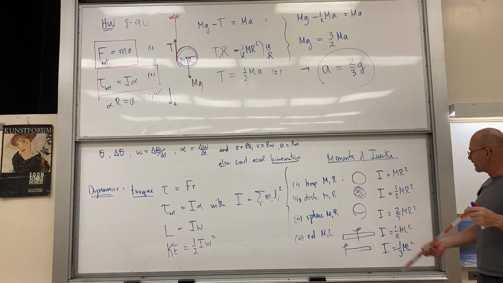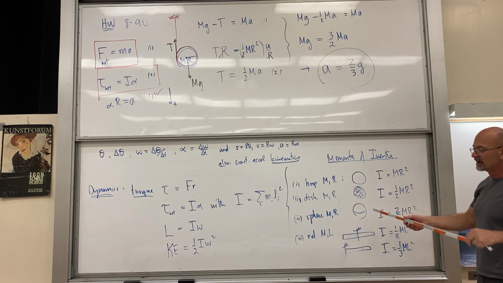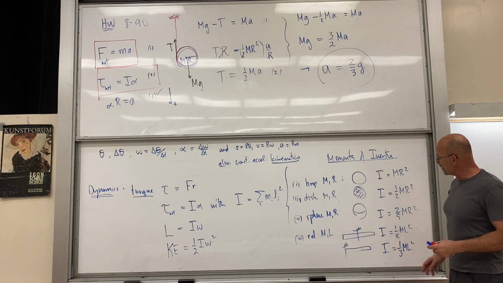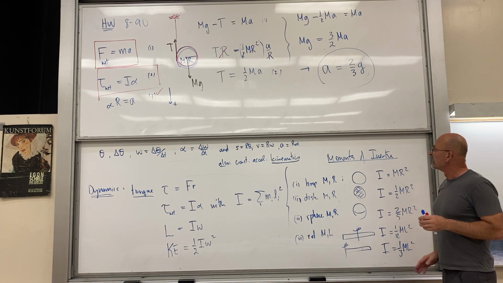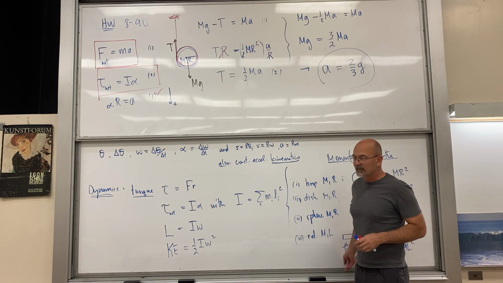And I'm going to spend a little more time on this one because there's a general theorem where if you know these, you can get many more moments of inertia. And it's not in your book, I don't think, but I'm going to put it up here.